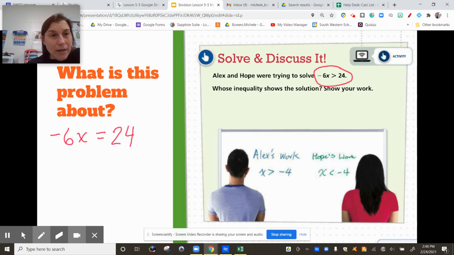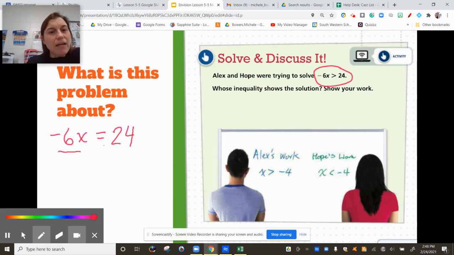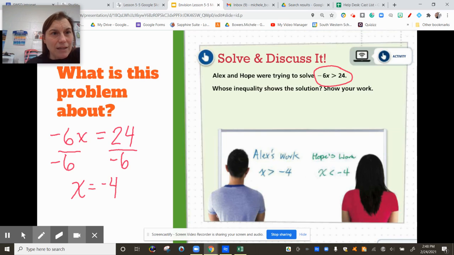Then to solve this equation, I would do the opposite of multiply, which is divide, and I divide by the number that I'm multiplying by. So I divide by the number in front of the letter. I divide by the coefficient. So I would divide by negative 6. So x equals negative 4. So if this was an equation, then x would equal negative 4.